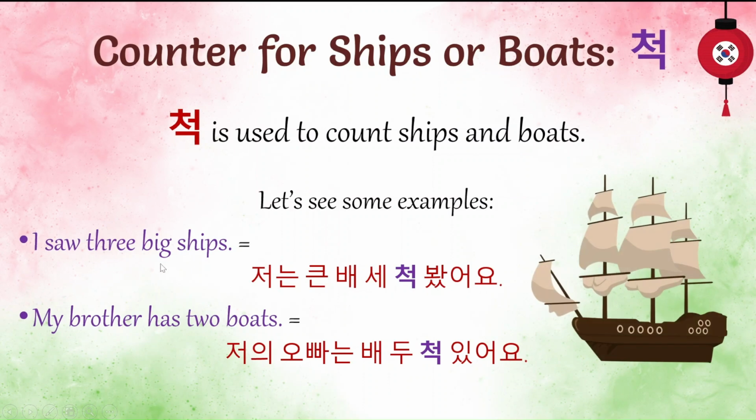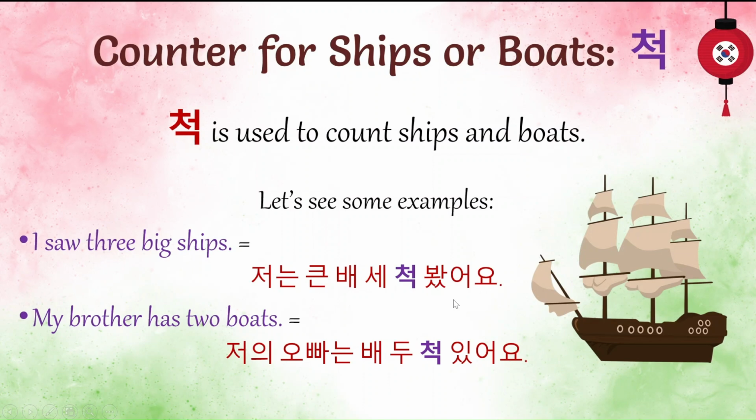I saw 3 big ships. 저는 큰 배를 세 척 봤어요. I is 저는, ship is 배, big ship, 큰 배. We have used the adjective over here, 크다, to indicate that the ship is big in size. 3 in pure Korean number is 세.